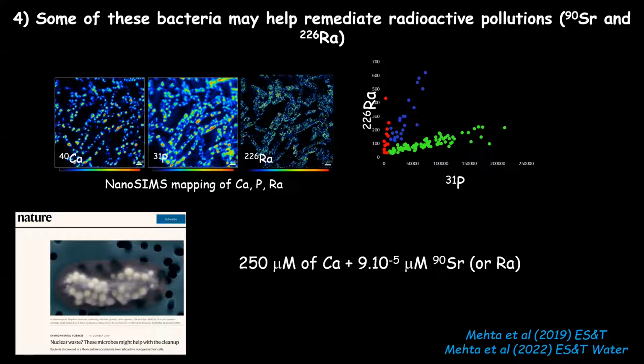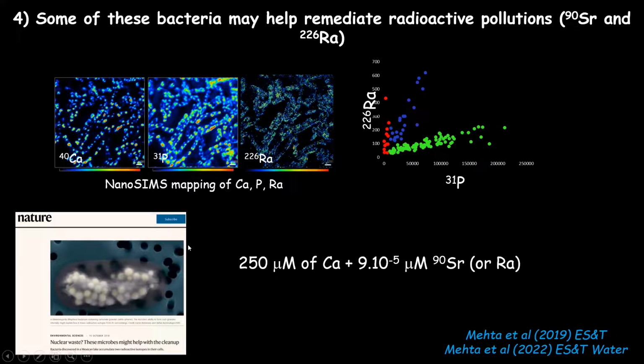What we showed is that if you put them in a solution where you have radioactive isotopes, radium has only radioactive isotopes, or you can also do that with a radioactive isotope of strontium, like strontium-90, even if you have tons of calcium in the solution, they will very efficiently take up those radioactive isotopes at very low concentrations.